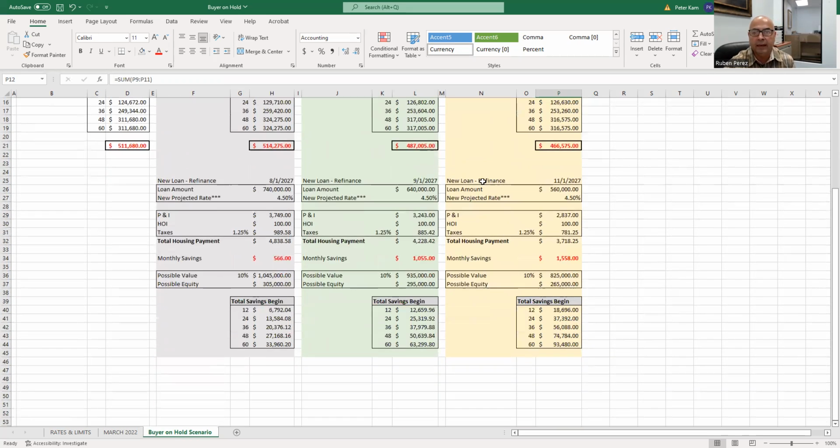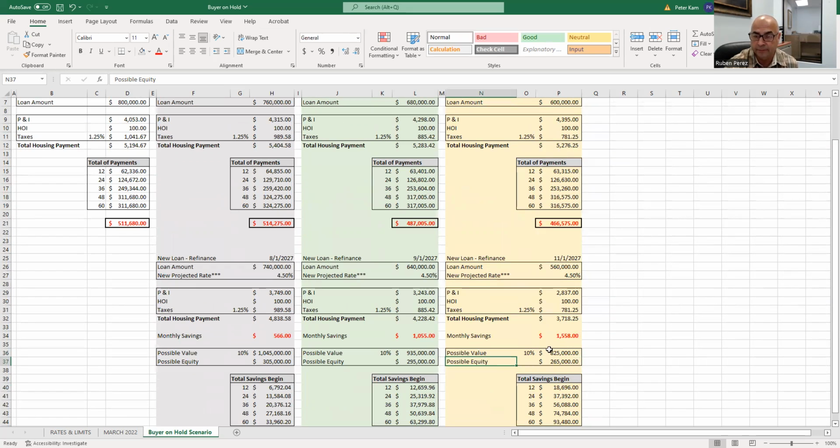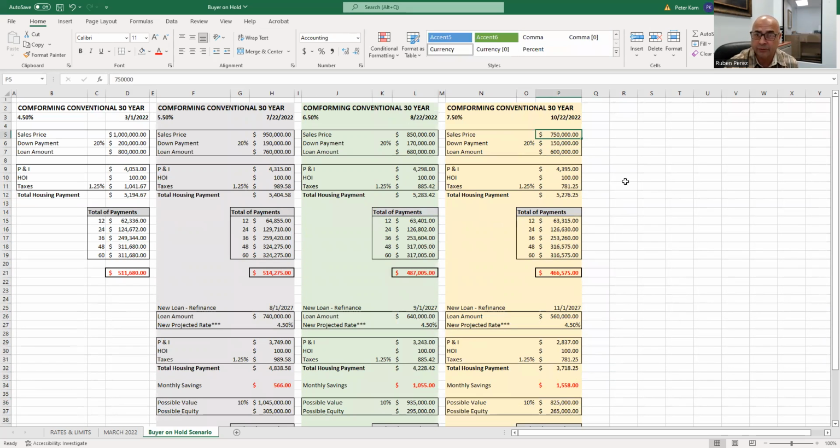And then if they refinanced after 5 years, I'm putting here a forecast of November 2027 with their loan amount of 560. Their potential savings on a monthly basis would be 1558. Their potential value would have increased to 825 at a moderate 10% increase. So they bought the house for 750.